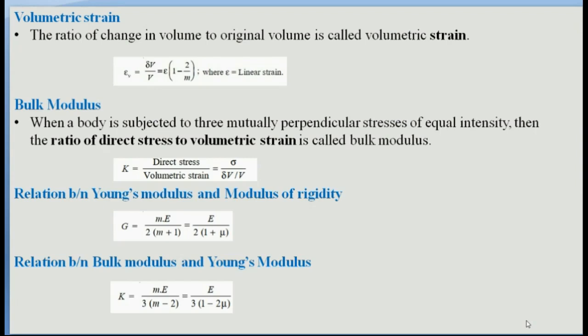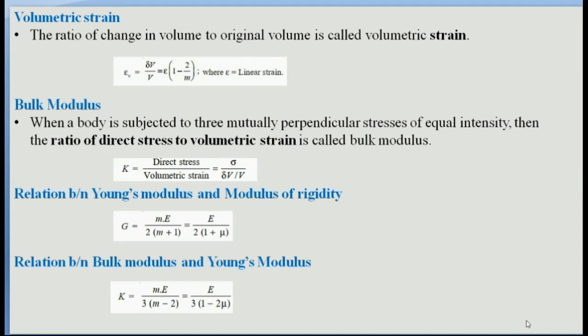For a member subjected to a uniaxial state of stress, this volumetric strain is epsilon into within the brackets 1 minus 2 by m or 1 minus 2 mu, where epsilon is the linear or longitudinal strain, and 1 by m is the Poisson's ratio.